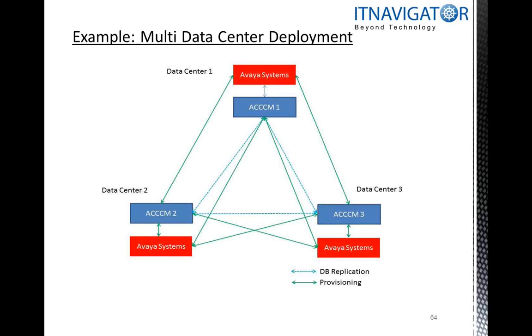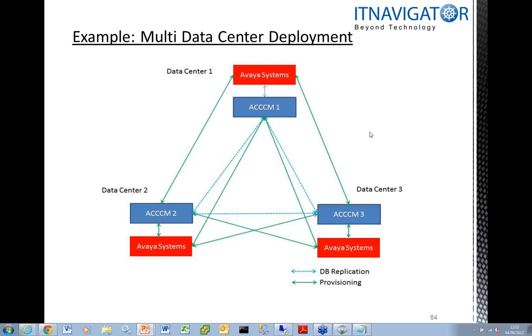Now, if you look at what you can do in active-active mode, this is an example of a multi-data center deployment. This shows you 3 data centers that are distributed in different places. In each one of the data centers, you have a dedicated Control Manager system that is active, and all Control Manager systems are fully active inside the environment, which means you can log into each one of them.